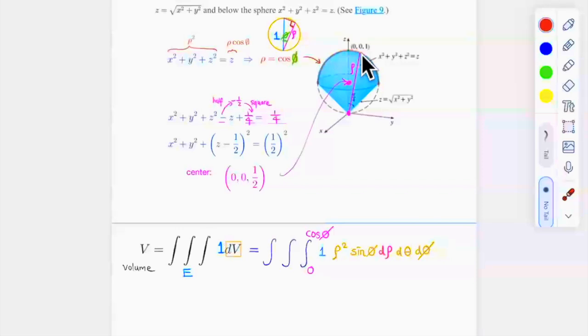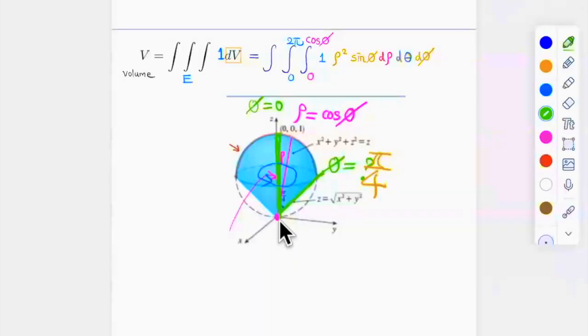So rho goes from 0 to cosine of phi. Now d theta. Theta is this angle. Theta goes from 0 to 2 pi.